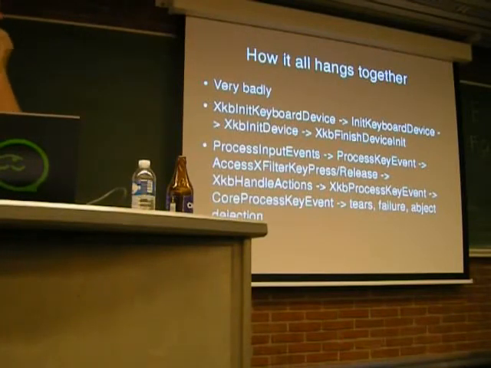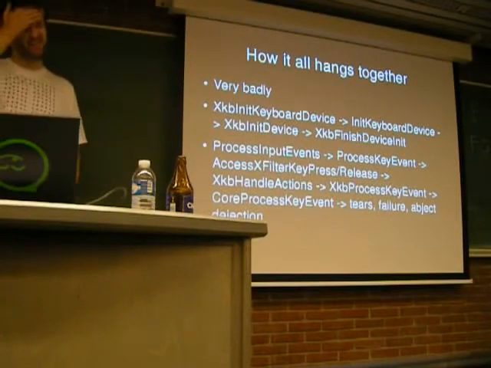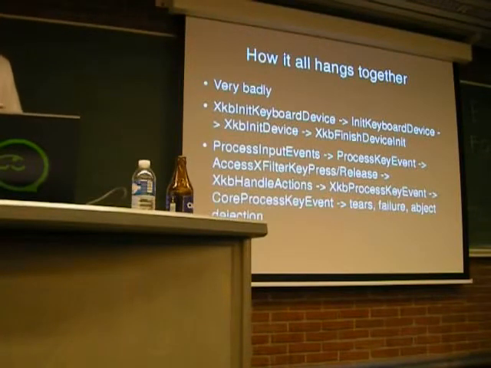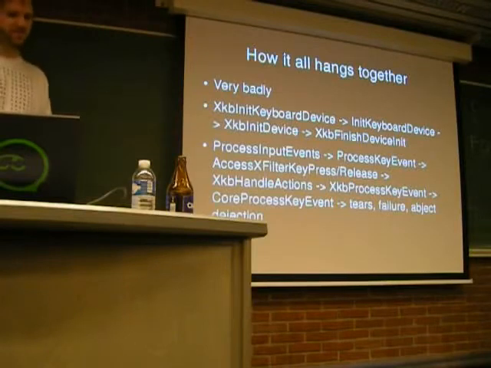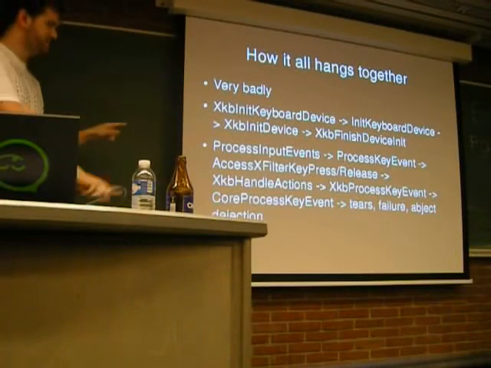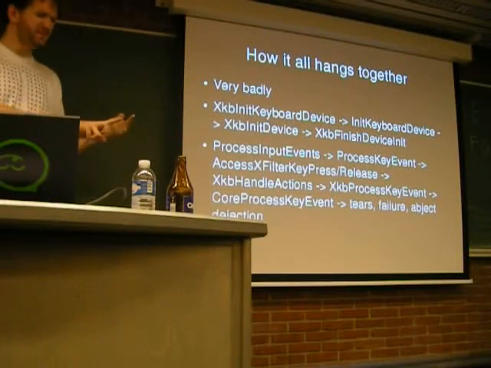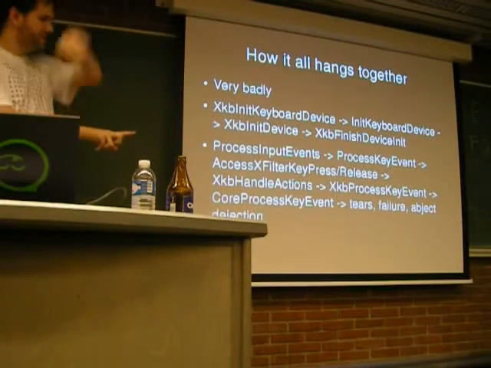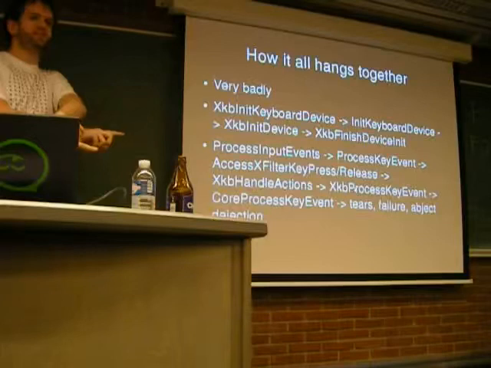So that's device initialization. Input processing: you come out of process input events, you go into process key event, which is in XKB. You try to filter it for accessibility stuff. Then if that fails, you go to action, which includes all the modifier stuff, and then it goes back into XKB process key event.